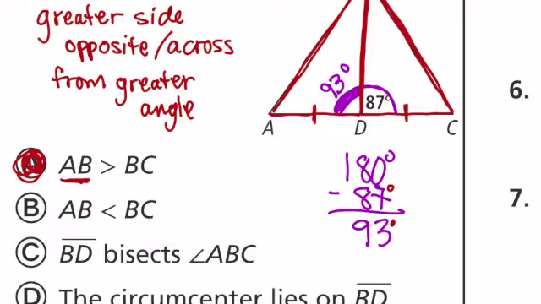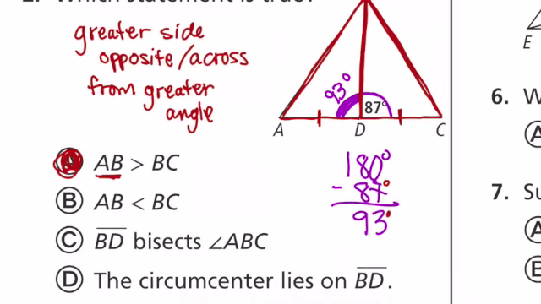Okay, so I like this one because it made sense. Look, bigger side. And even if you didn't want to do the calculation, if you just say this side looks bigger, then go for that, right? You probably didn't even need to know that it was 93. Just know that 87 is less than 90. And so what's not perpendicular, so the other side would have to be bigger, right?